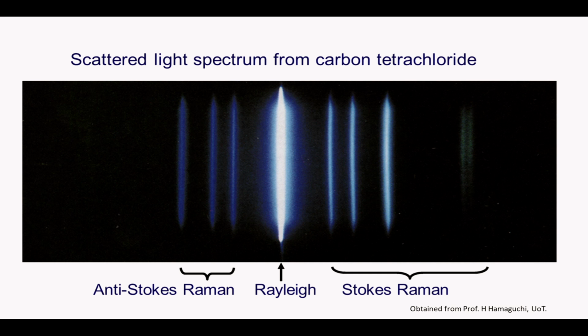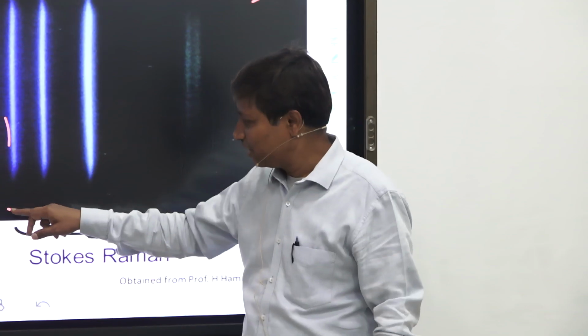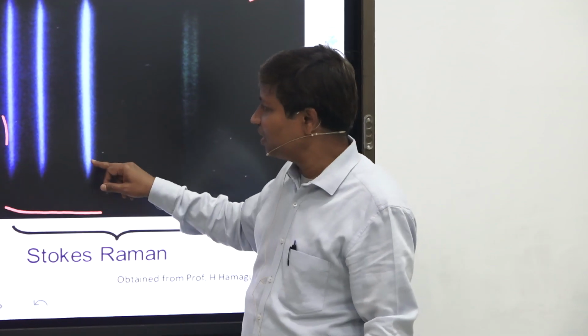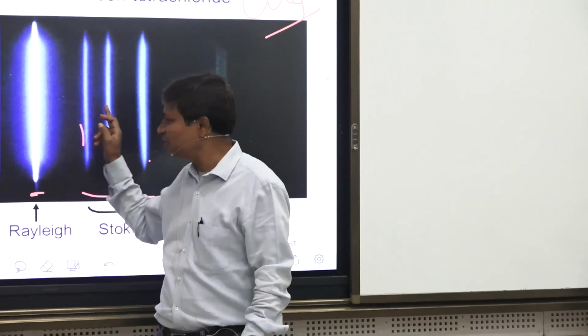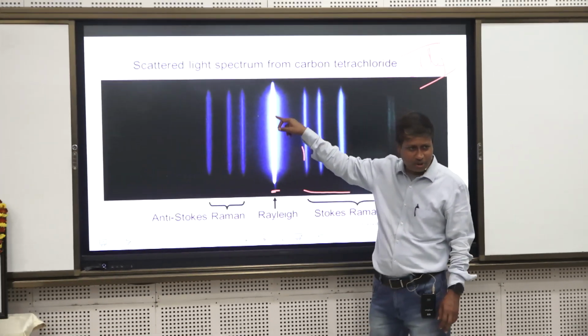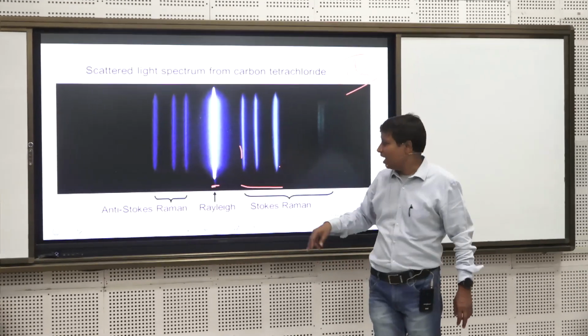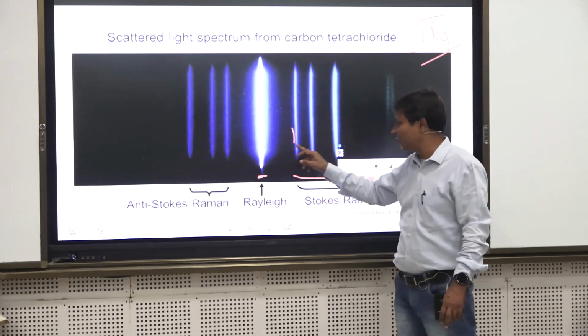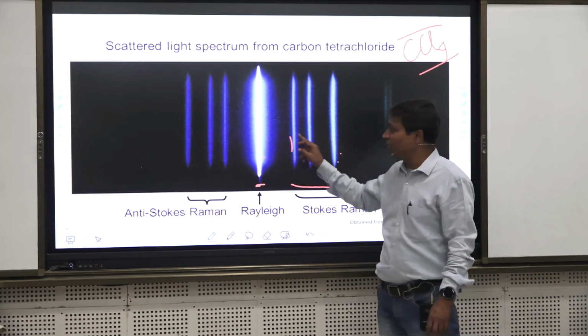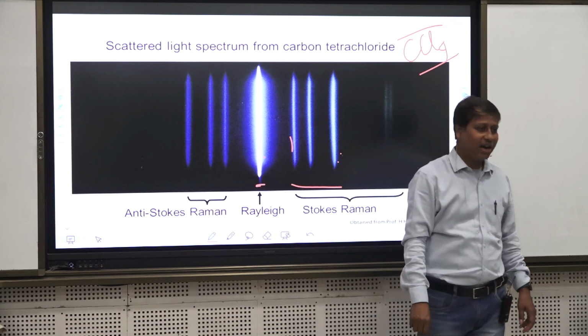This is the strongest one, and this is known as Rayleigh scattering. This is in the lower wavelength range. This is the Stokes shift. This intensity is less than this one, but much less than Rayleigh. Rayleigh will be very strong, and this one will be much less, but it will be much more than the corresponding anti-Stokes.